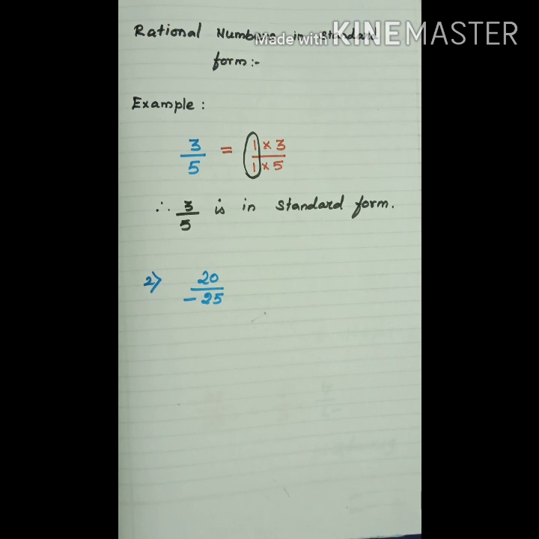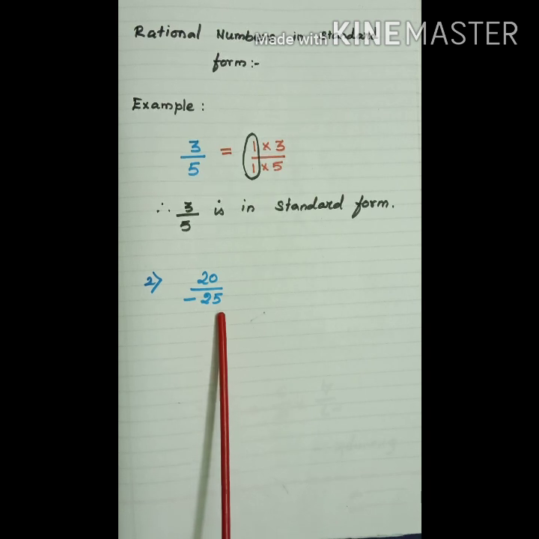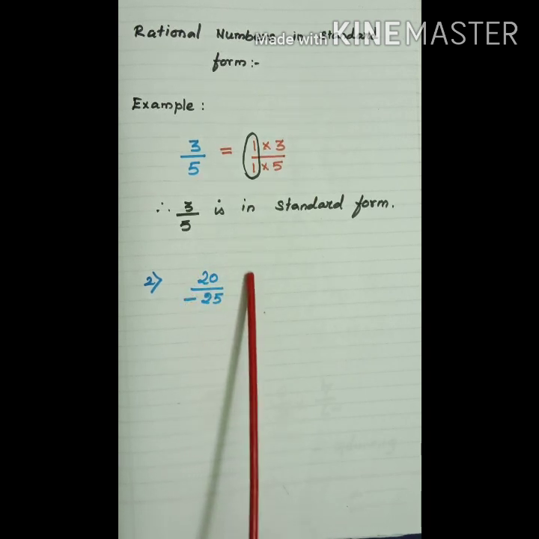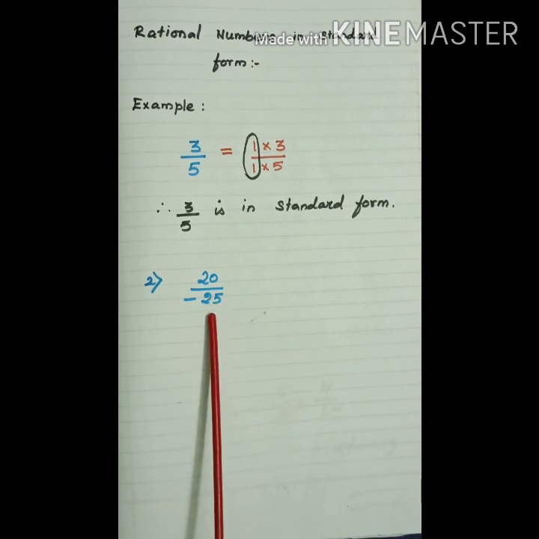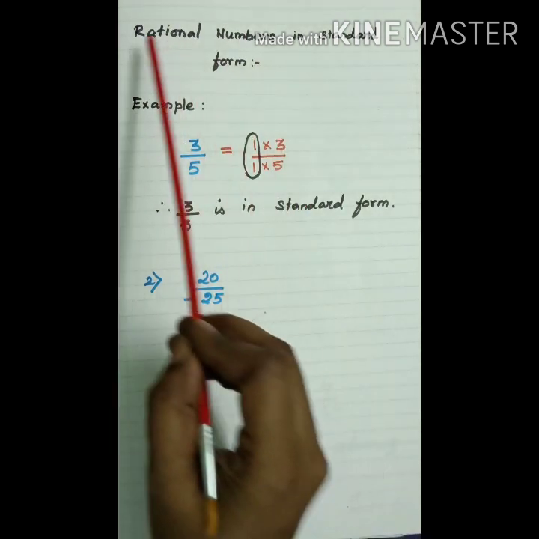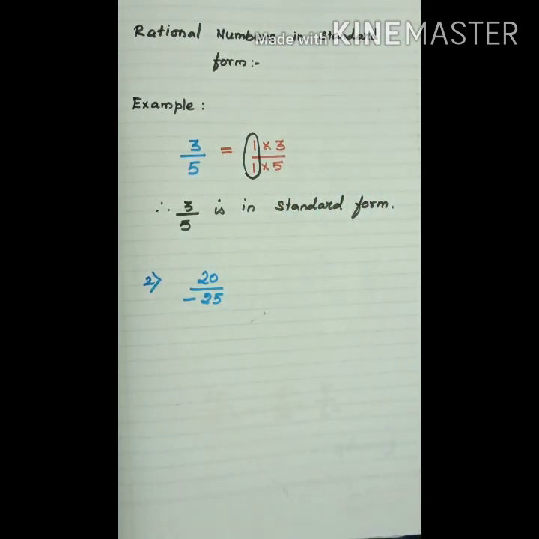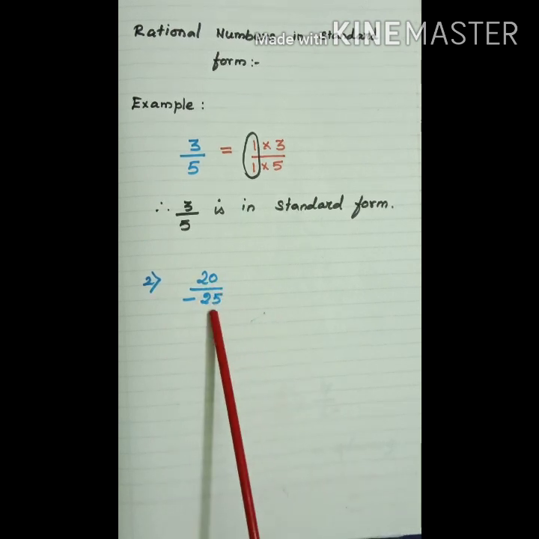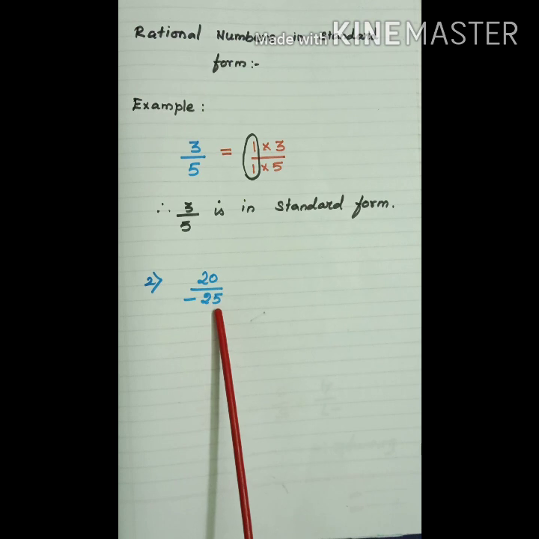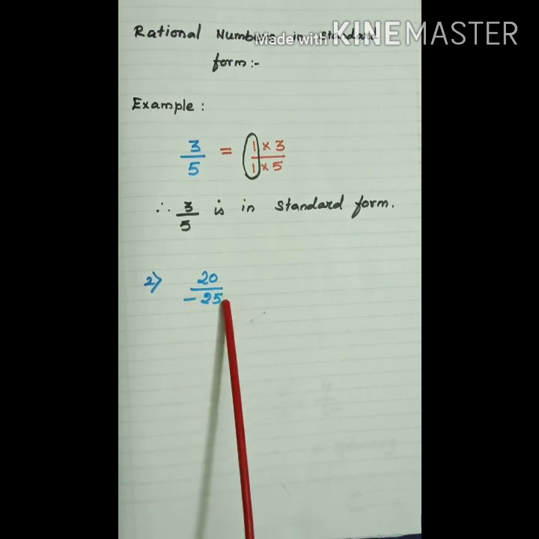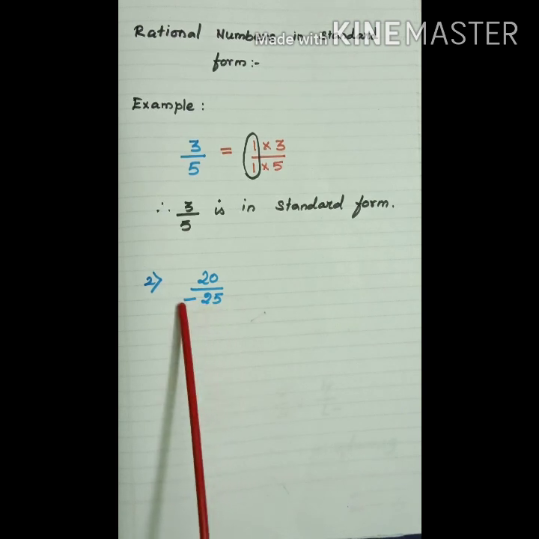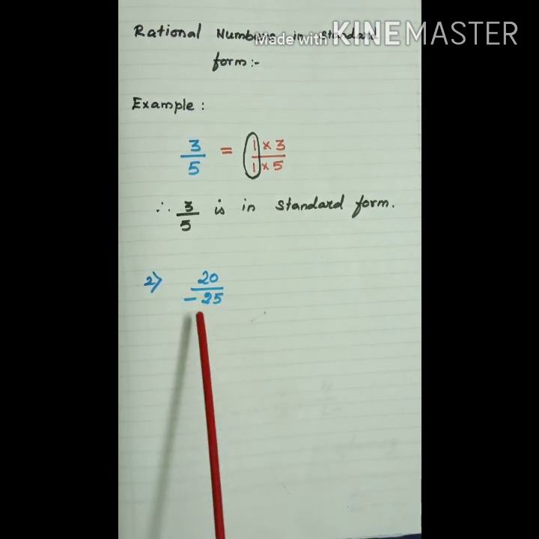Let us take one more example, 20 by minus 25. Before solving this example, let us recall the definition of rational numbers in standard form. In a rational number a by b, the only common factor of a and b is 1 and b is positive, that is, the denominator should be positive.